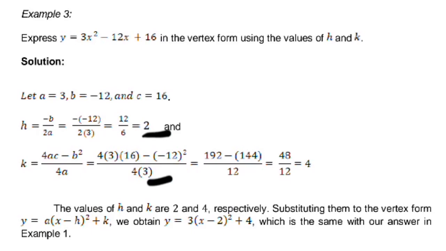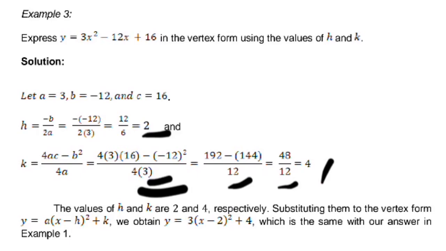Negative 12 squared is 144. Over 4 times 3, which is 12. Then 192 minus 144 is 48, and 48 divided by 12 is 4. So the values of h and k are 2 and 4 respectively.